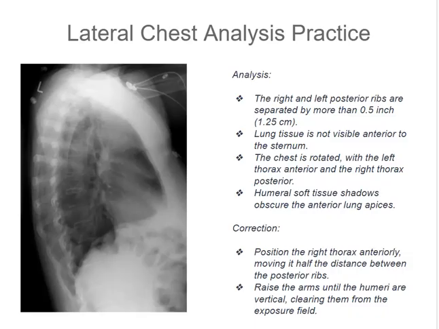We really need to position the right side of the thorax anteriorly. The amount of movement needed is very minimal, but we do need to correct this so that the mid-coronal plane is perpendicular with the IR, and have the patient raise those arms up vertically so they can remove that soft tissue out of the anterior lung apices.